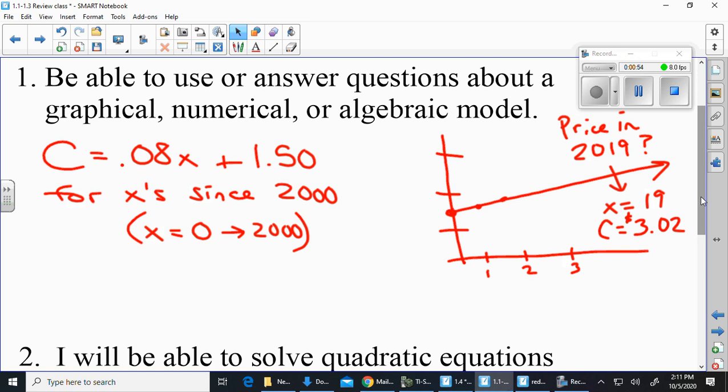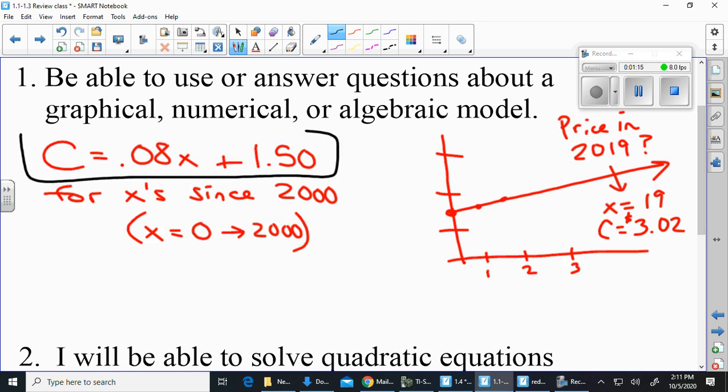numerical, or algebraic model. So if I say that the price of cereal started in 2000 at $1.50 and it's gone up 8 cents after that, this is the algebraic model. If I say x is years since 2000, x equals 0 has to be 2000.